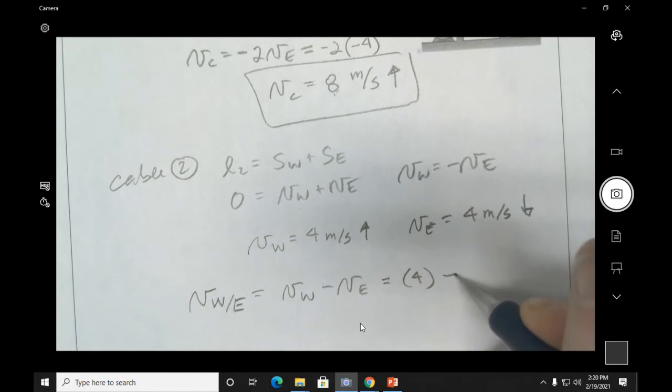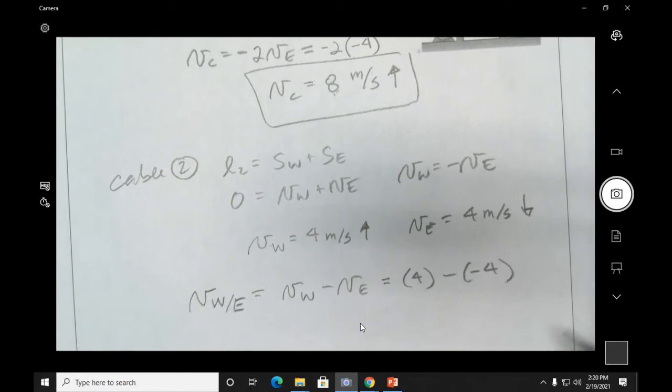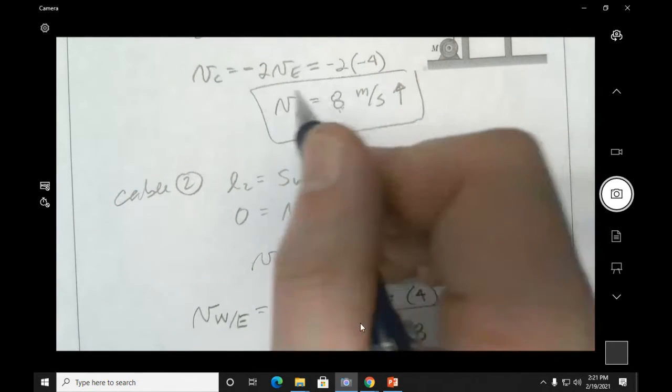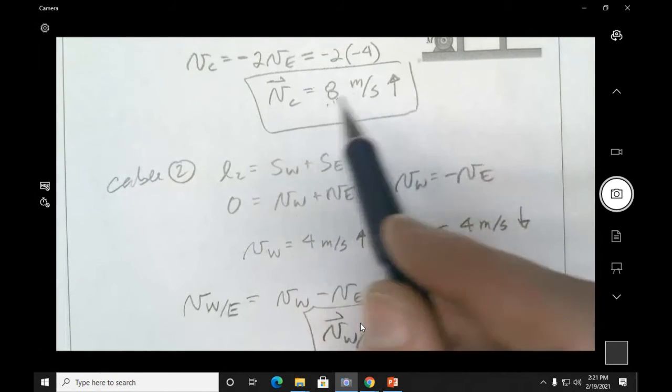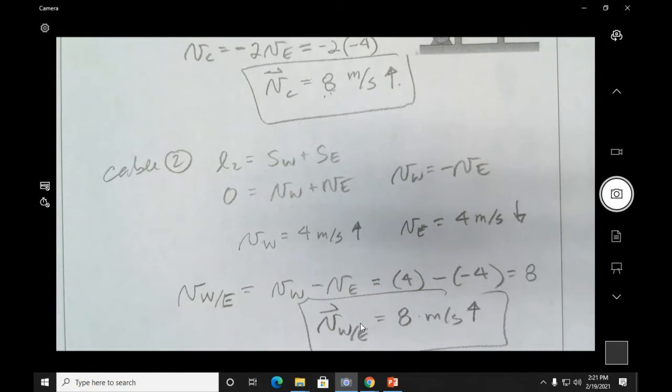You say that minus minus 4, and we find out that it's going to be 8 meters per second, positive 8. Oh, and this one should have a hat on it too, because you've got a magnitude and direction, it's a vector.